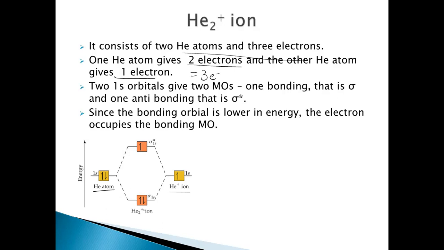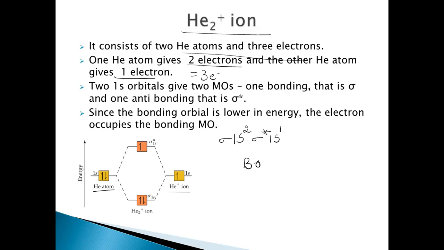So out of the 3 electrons, the first 2 electrons enter into the lower energy orbital, that is sigma 1s, and the one electron remaining will enter into the sigma star. So how do you represent the configuration? Sigma 1s with a superscript 2, and sigma star 1s 1. This is bonding and this is anti-bonding. So this is the electronic configuration of He2 plus. Right.